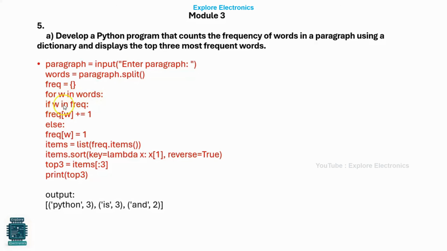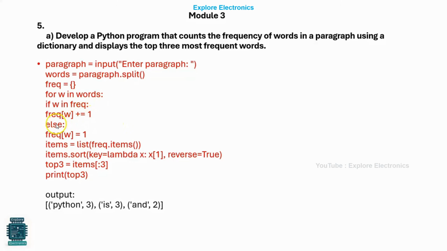Clear? if w in frequency, which checks if the current word is already a key in the frequency dictionary. Clear? After that, frequency[w] += 1, which means if the word is already a key, this line increments its corresponding value, the count, by 1.